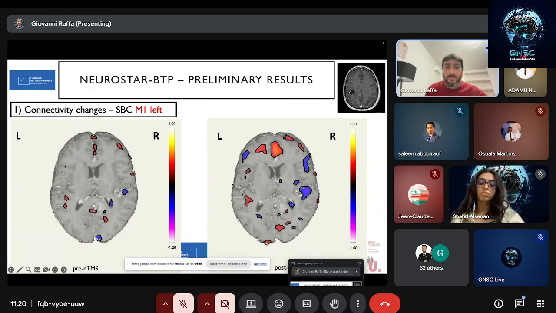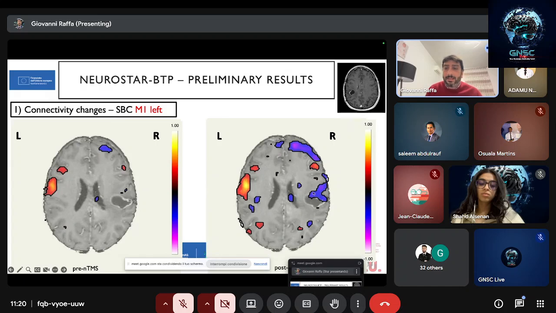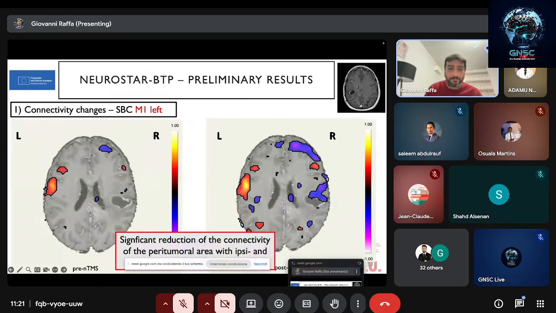Then we analyze connectivity between the left M1 and the global brain. Again, you can see after stimulation, there is a reduction of the connectivity of the peritumoral areas, surrounding the lesion, while there is an increase on the left of the connectivity of the left M1. So the left M1 increases connectivity with the rest of the brain, but reduces the connectivity with the peritumoral area.